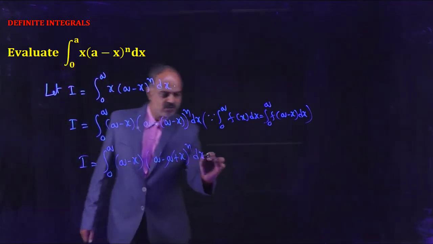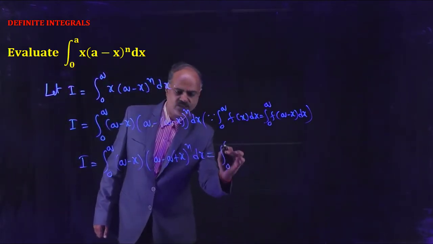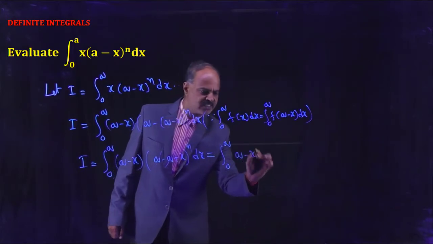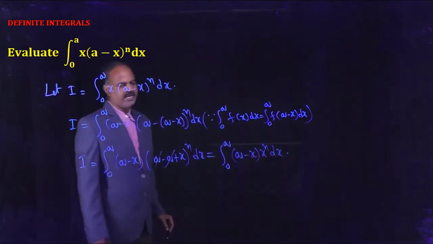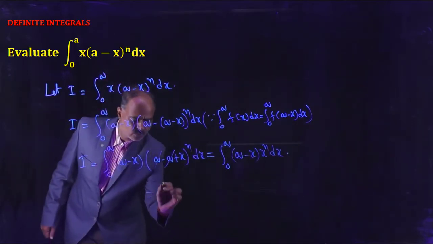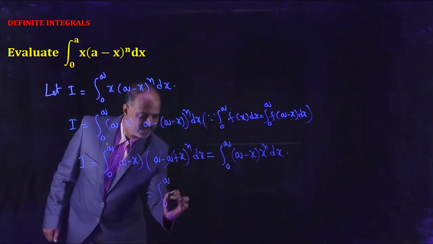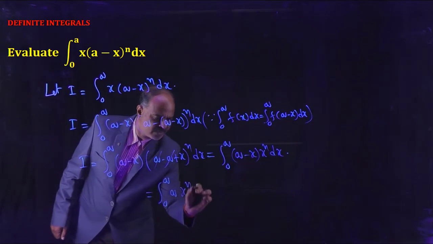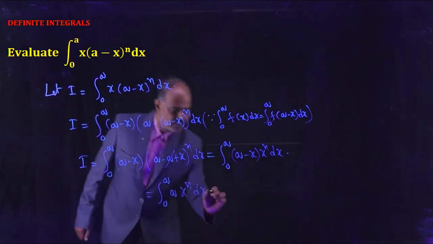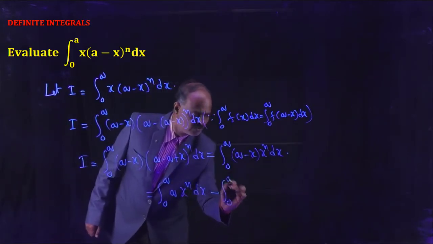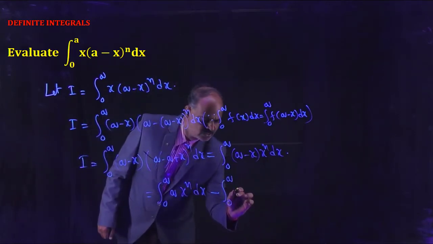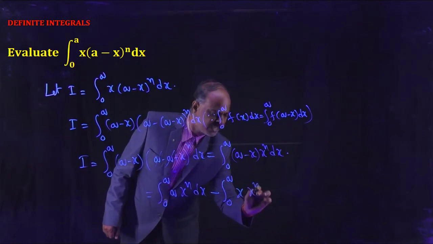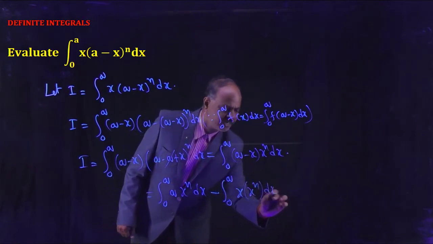Now this is equal to integral 0 to a of (a minus x) into x power n dx, which is equal to integral 0 to a of a into x power n dx minus integral 0 to a of x into x power n dx.